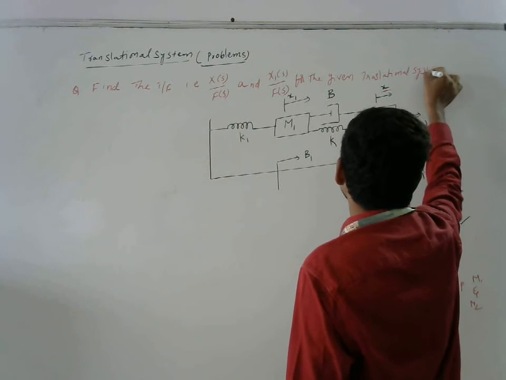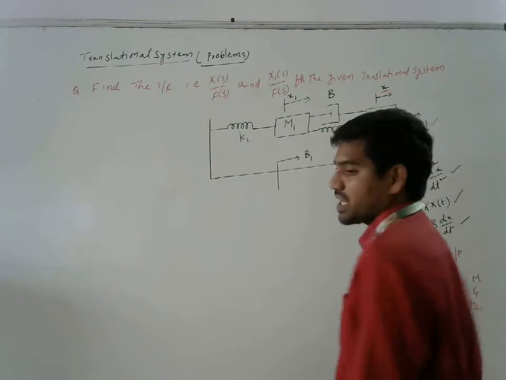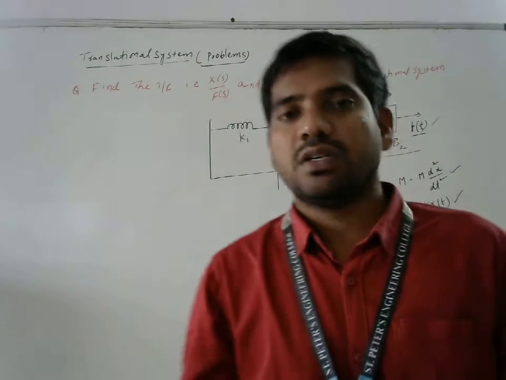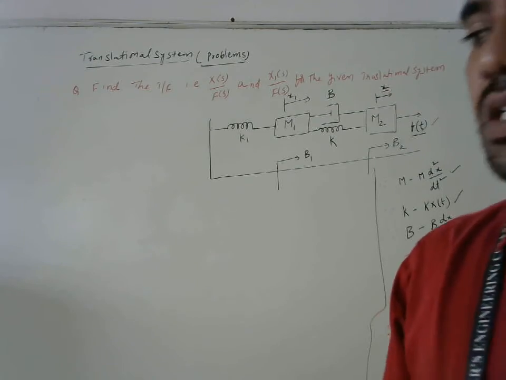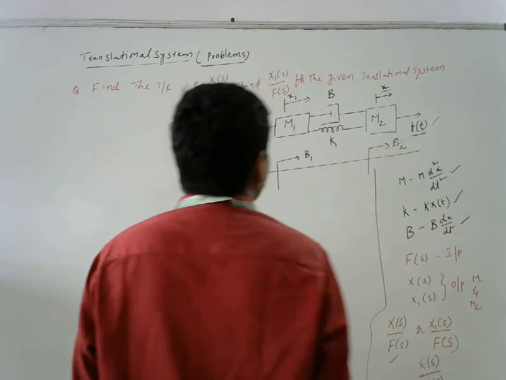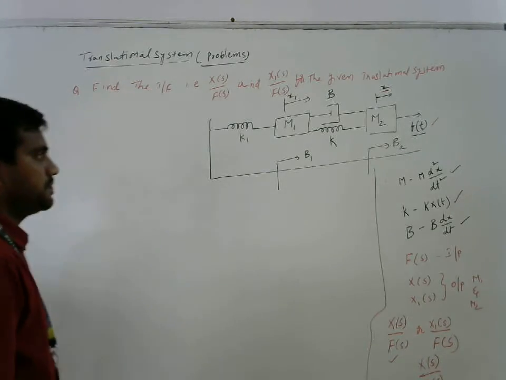Already we know translational system is a part of mechanical system. Find the transfer function, that is x of s by f of s and x1 of s by f of s for the given translational system.